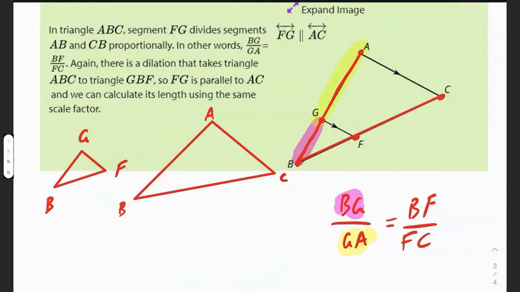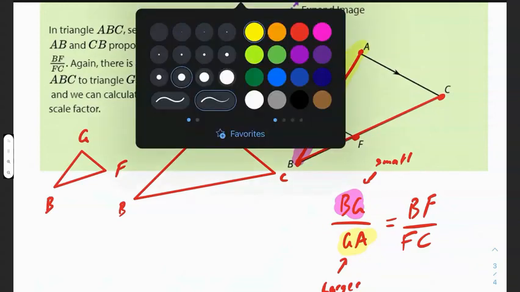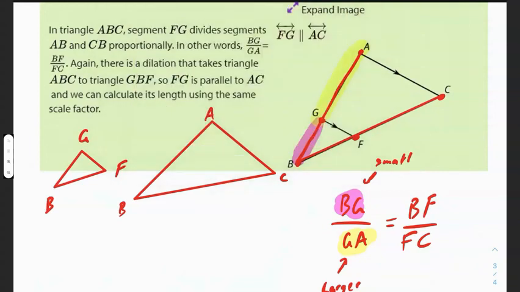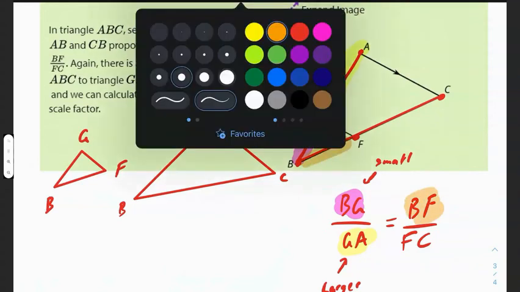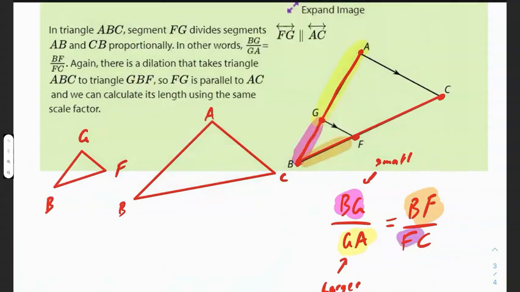So this is like the small side to the larger side, or a small part to the larger part. And then that is proportional to the other side, small part, which is BF, is to the larger part for that side, FC. Okay, so it's like small to large, small to large. That's what they're saying in that proportionality statement.